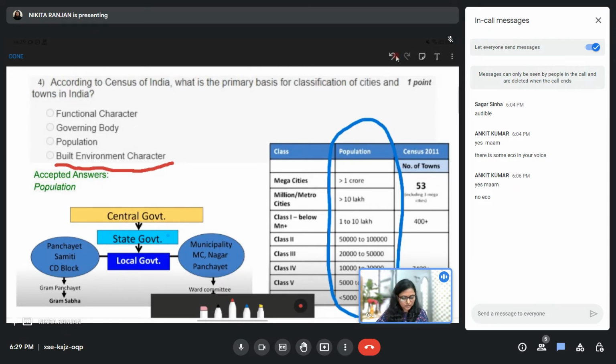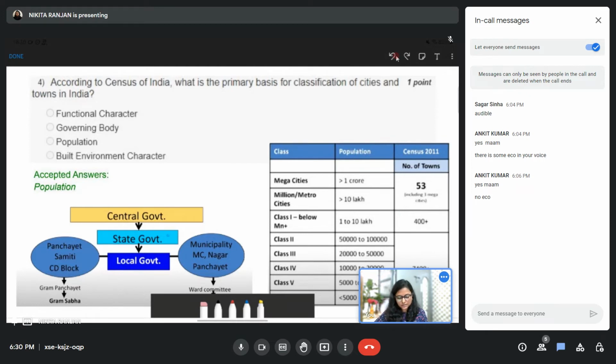If you see the built character of a highly developed city, a huge mega city or million plus city, they have specialized infrastructure for things. So their built environment character is very different from a smaller city. So maybe this could be used as a way of classifying, but again, this is incorrect.